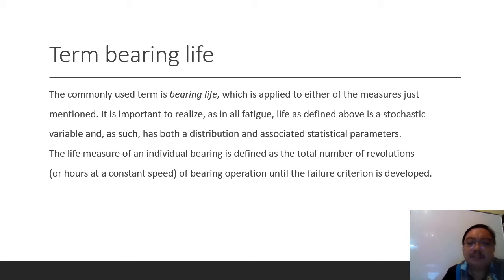The life measure of the bearing is defined as the total number of revolutions, or hours at constant speed, of bearing operation until the failure criterion is developed. So the life of a bearing is its total number of revolutions. Stochastic: if you Google the image, it will give a graph like this.